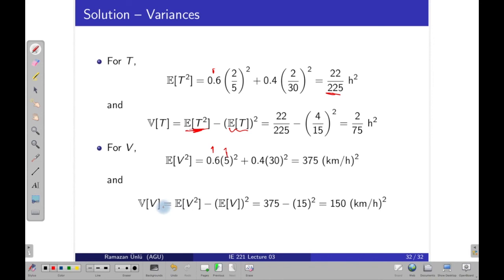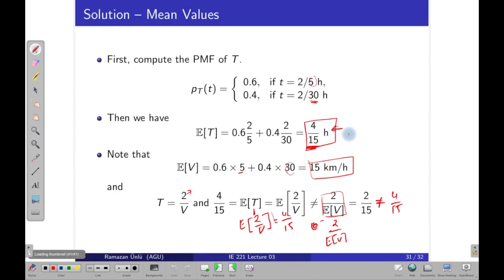So we can calculate the variance of the speed using the same formulation, and it will give us 150. So the variance of the speed is 150, and the variance of the time is 2 over 75 hours squared.